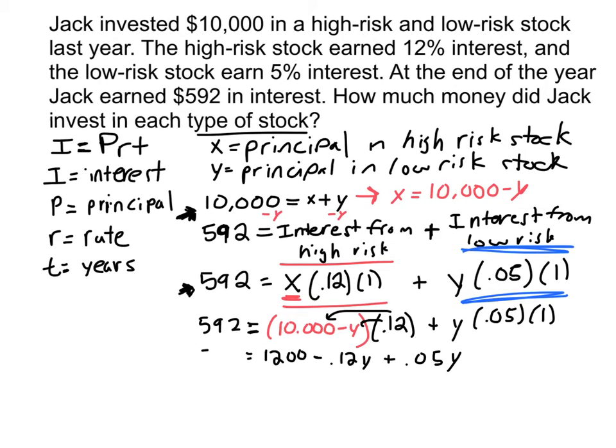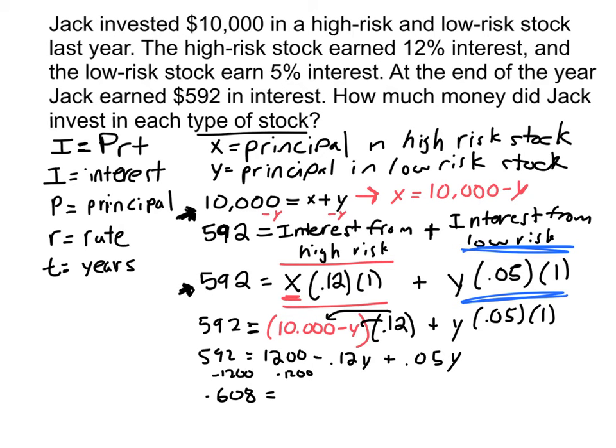Okay, so that equals 592. Now let's see, I should combine like terms. So I'm going to subtract 1,200 from both sides, minus 1,200 from over here, minus 1,200 from over here, and I'll be left with negative 608 on this side of the equation.